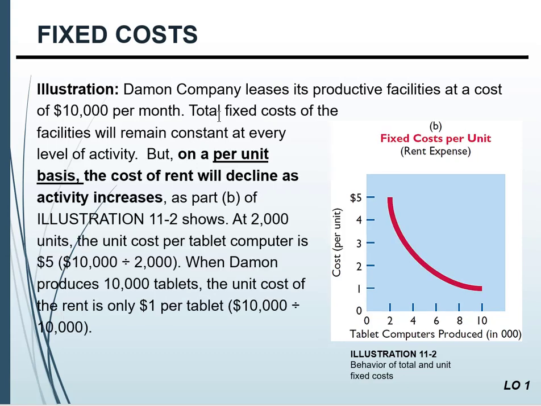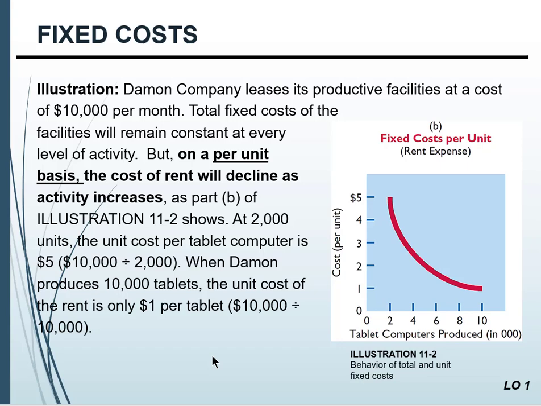The cost per unit now, again, since we're dividing this lump sum by the number of things we produce, is going to show us this curvilinear function that shows that the cost per unit declines as we produce more and more things. So I think this is kind of confusing, right? Because we say fixed costs don't change.